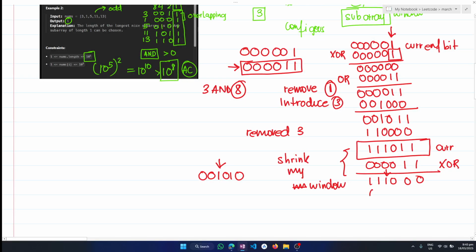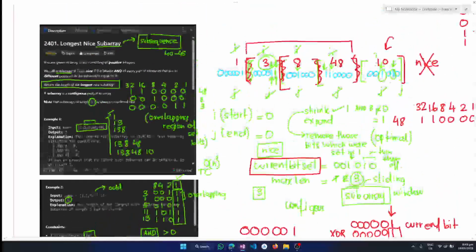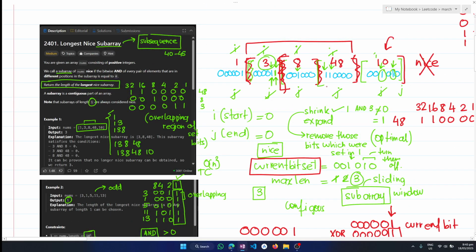I'm going to take the XOR with 8. When you do so, this bit also gets turned off, and that means that I have successfully removed 8 from my window as well.